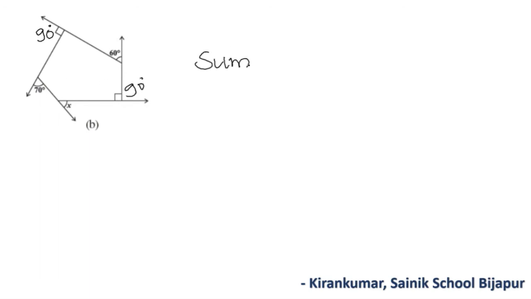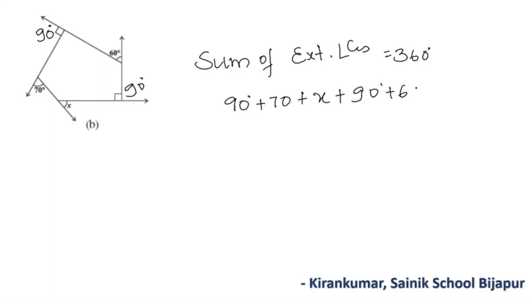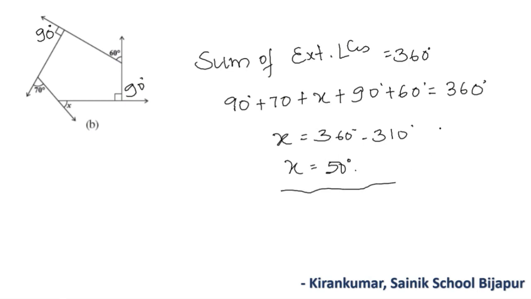So the sum of exterior angles is 360 degrees. So 90 plus 70 plus X plus 90 plus 60 is equal to 360 degrees. So X will be equal to, the sum is 310, so 360 degrees minus 310 degrees, X will be 50 degrees. I want you to try by giving some name and use linear pair.